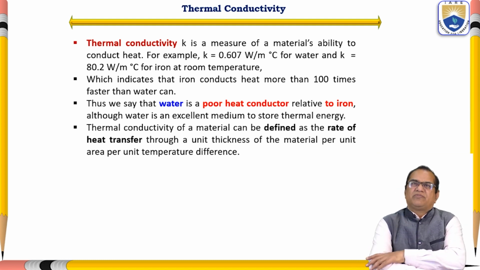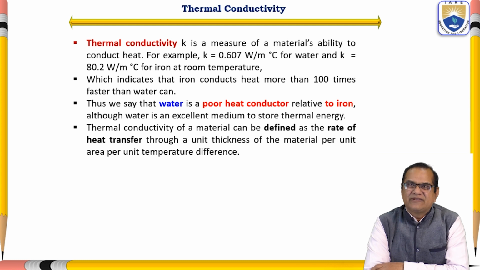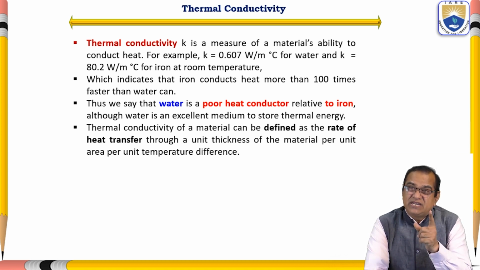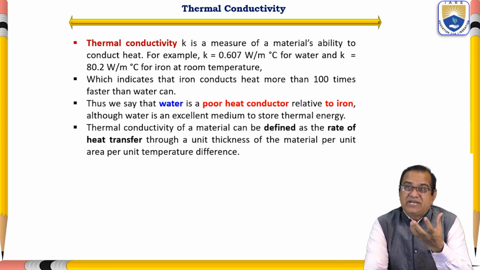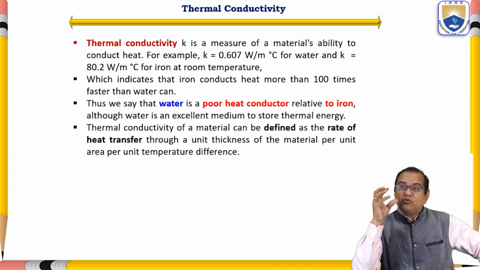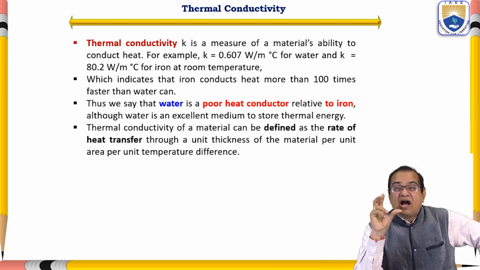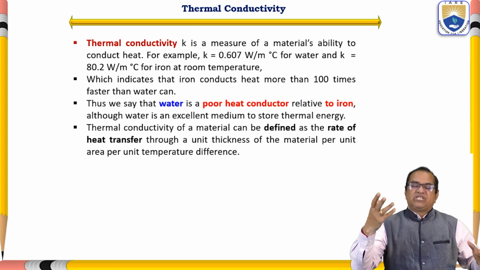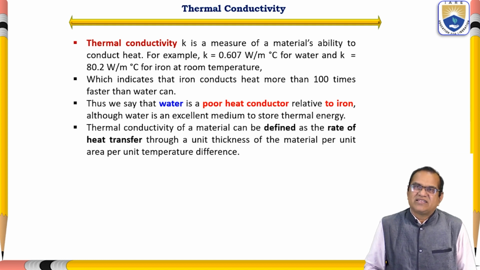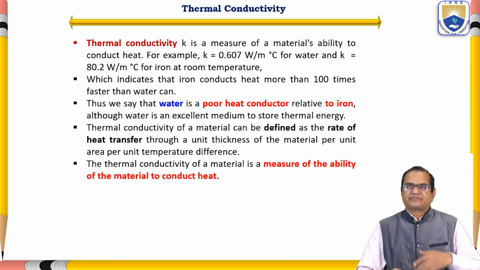So this is the definition of thermal conductivity. k can be defined as the rate of heat transfer, that is Q dot, per unit thickness, that is delta x, per unit meter, and per unit temperature difference delta T. How much heat is transferred per unit temperature difference and per unit thickness of the material is called the thermal conductivity.